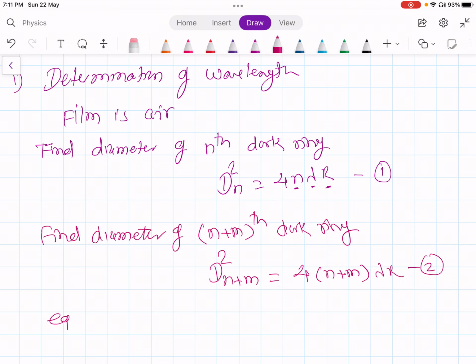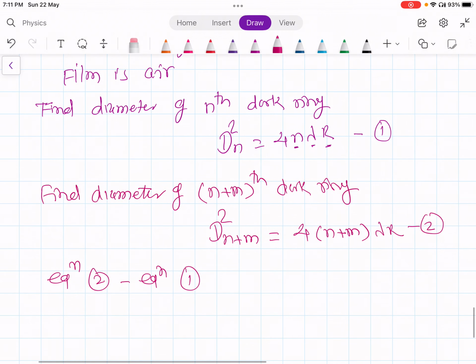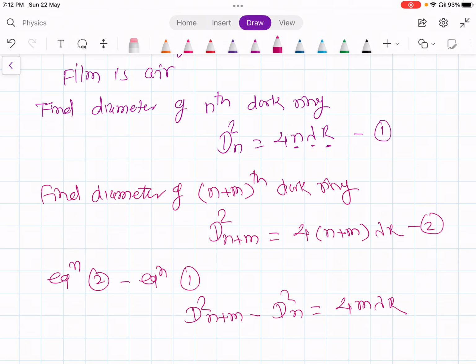Take the difference between equation 2 and equation 1. Equation 2 minus equation 1 gives diameter square of the n plus m ring minus diameter square of the n ring is equal to 4m lambda R.